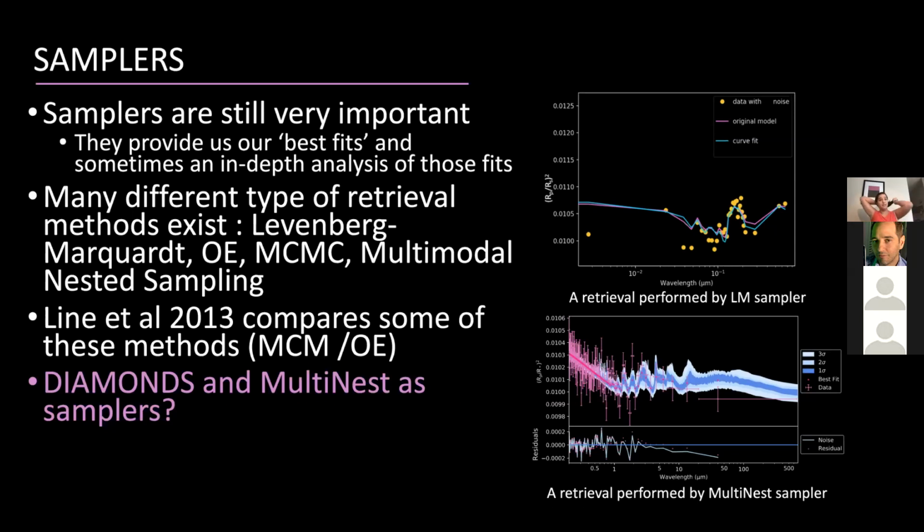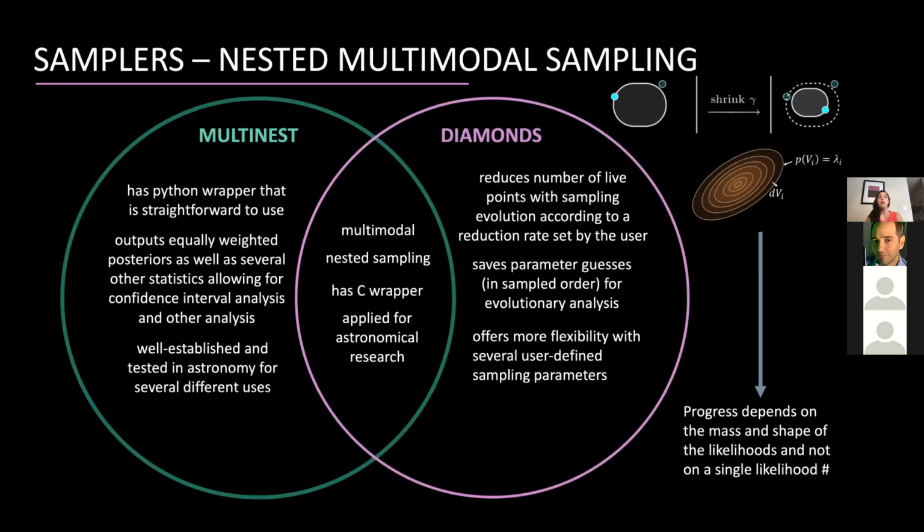And some comparisons of some of these methods have been done before. For example, Michael Lyon in 2013 actually did compare Markov chain Monte Carlo and optimal estimation methods for exoplanetary retrievals. And we wanted to do something similar with two samplers that we have, which are DIAMONDS and MULTINEST. And I will be talking about that now.